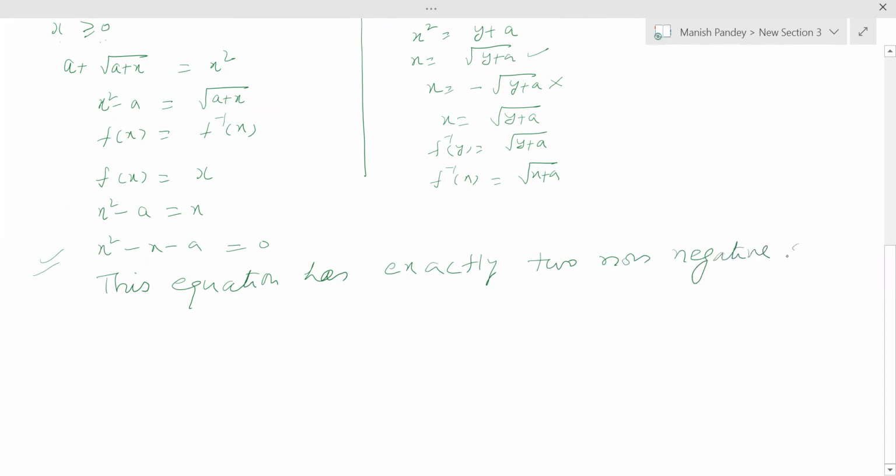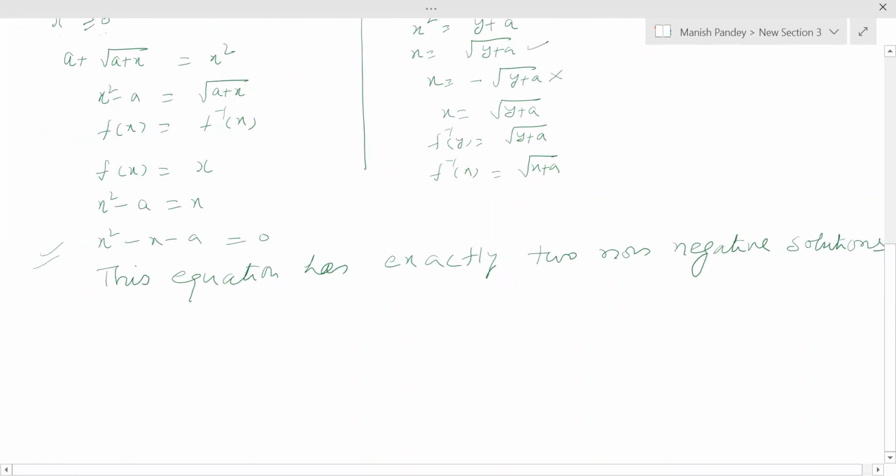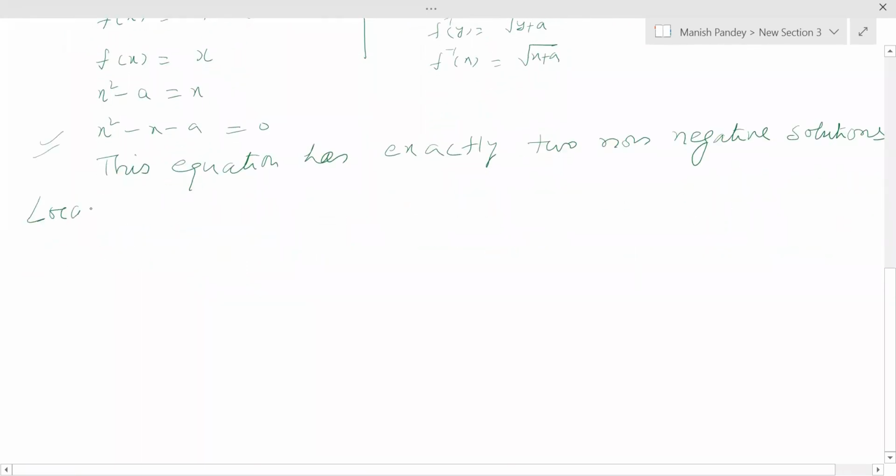So the question is converted into location of roots. This equation has two non-negative different solutions.